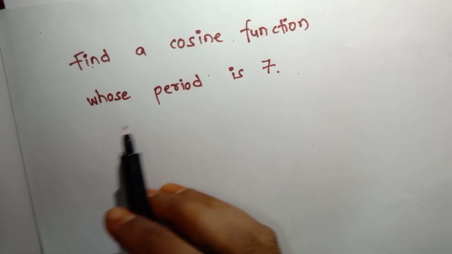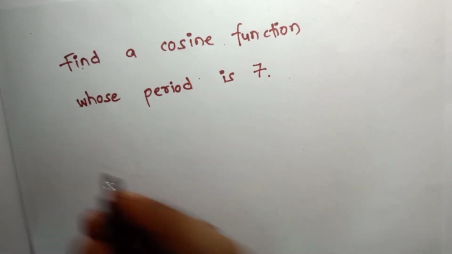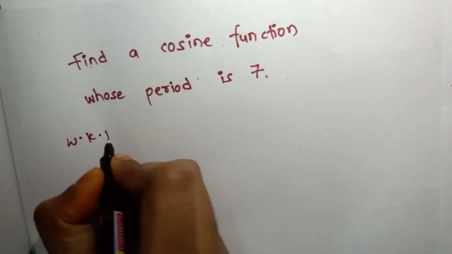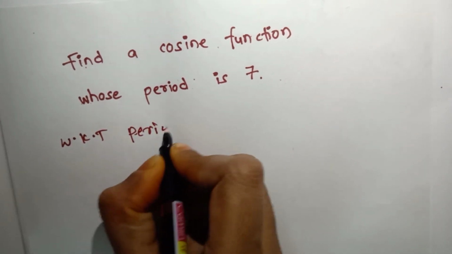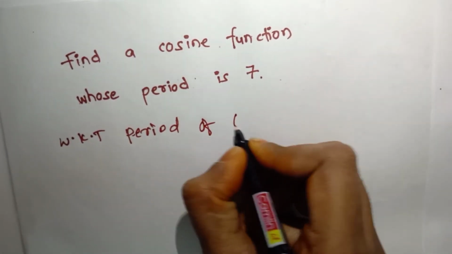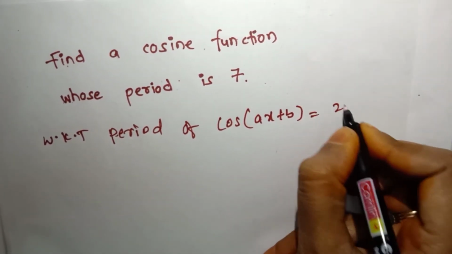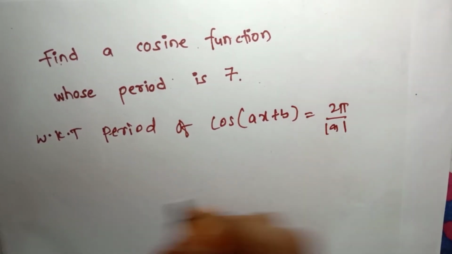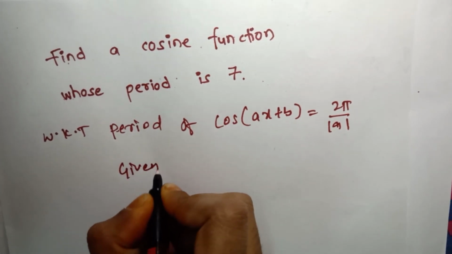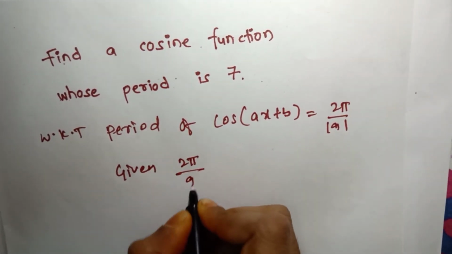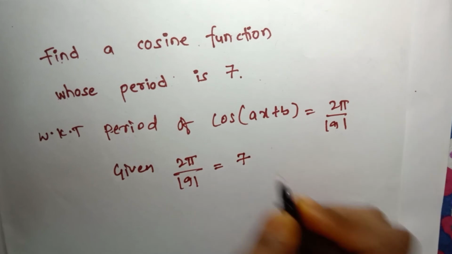Next question, find a cosine function whose period is 7. We know that the period of cos(ax+b) is equal to 2π/|a|. Given 2π/|a| is equal to 7.